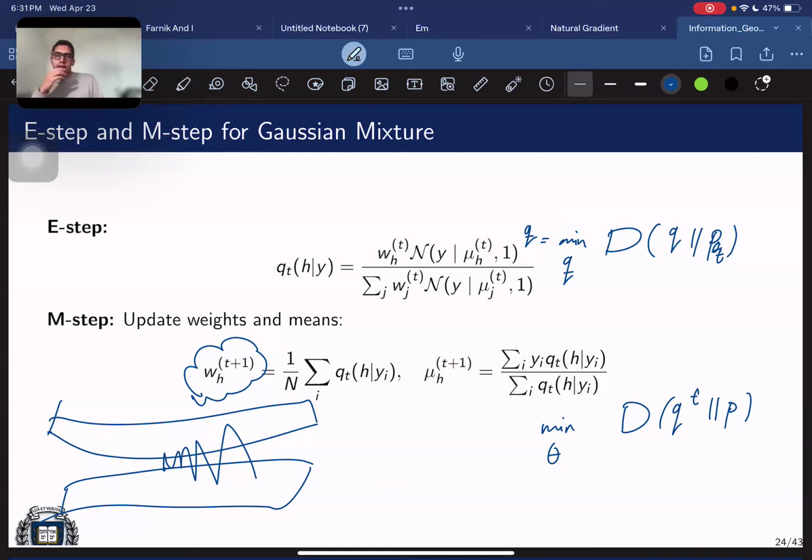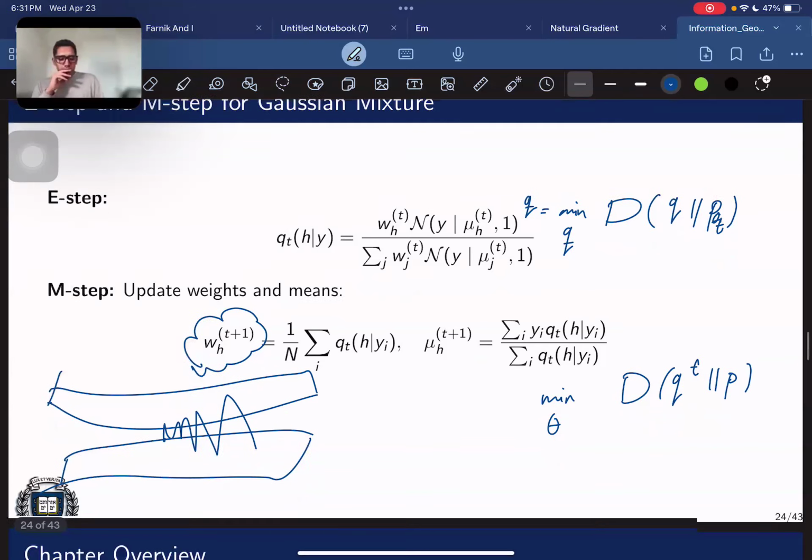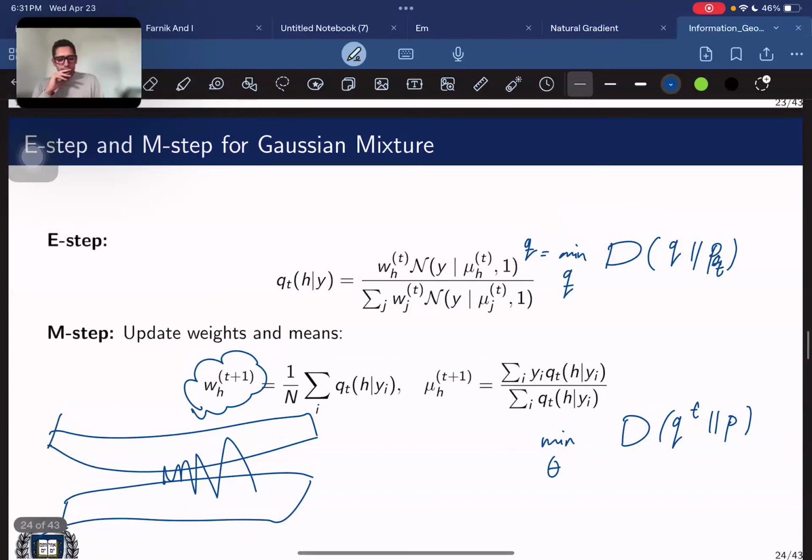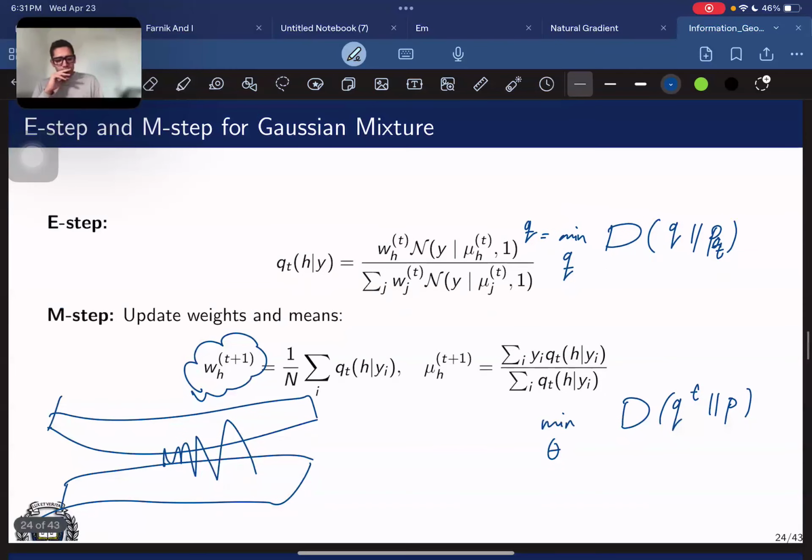But considering information geometry, you can come up with a very nice theoretical proof of what we are doing essentially at each point. Yes. Any questions for the second part of this session, which was the EM algorithm, E step, M step, E projection, M projection?